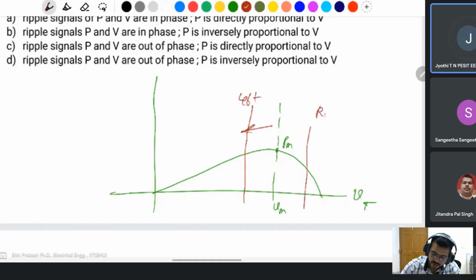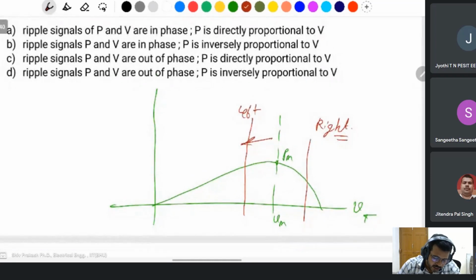So left, this one, and right. Ripple signal of P and V, it means delta P and delta V. You can say delta P and delta V are in phase. It means we are simply asking about dP by dV. On the left hand side, it will be greater than 0 because the power is reduced and the voltage is also reduced. Both are reduced on the left side.